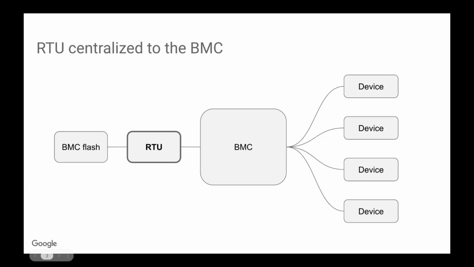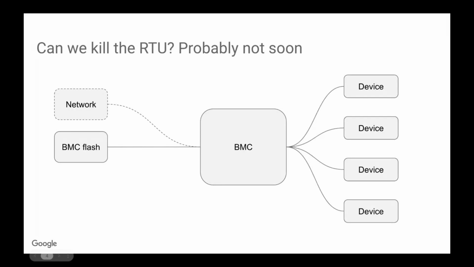Now there's a question of, do we even need an RTU at all? Can we kill it? I don't think so. The question could be reframed as, is there a way to do the equivalent of flashless boot for the BMC, where some other device outside the machine goes and boots the BMC?